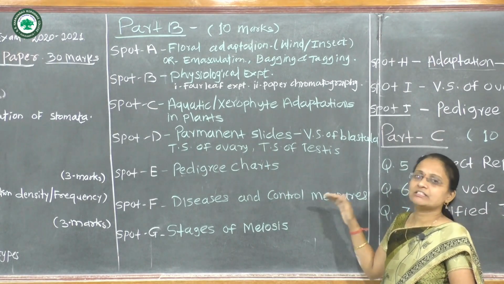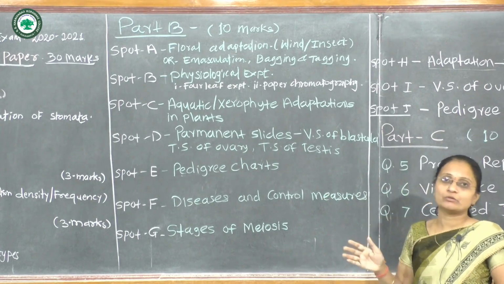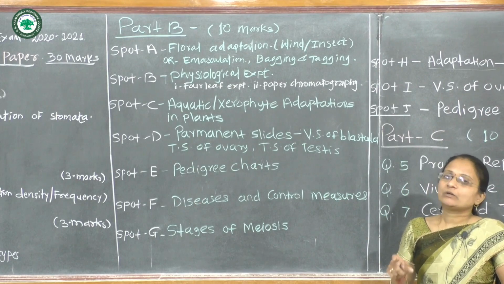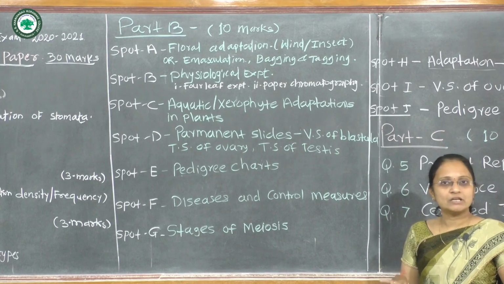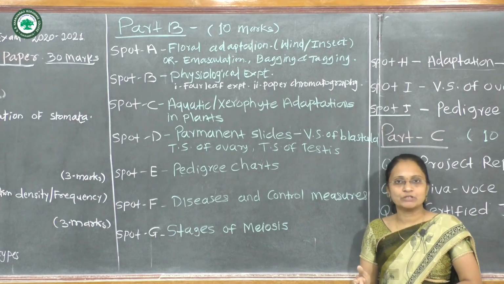Here various types of pathogens will be kept in front of you, not the diseases. Suppose for typhoid, the causative organism is Salmonella typhi. For malaria, the causative organism is Plasmodium.